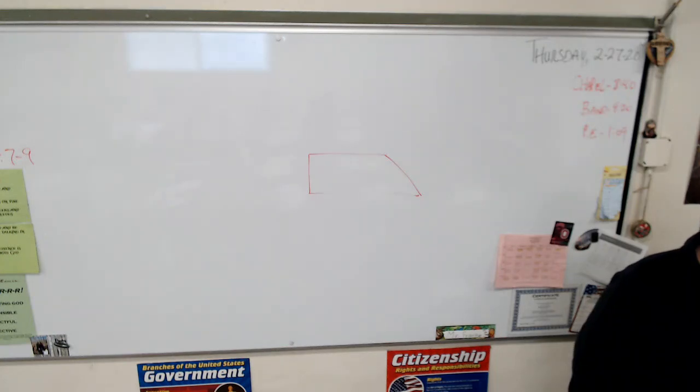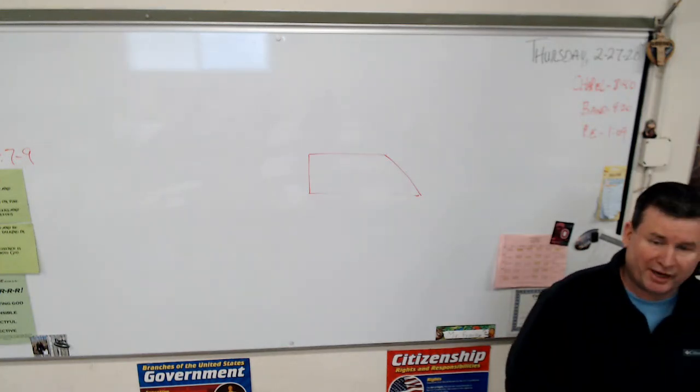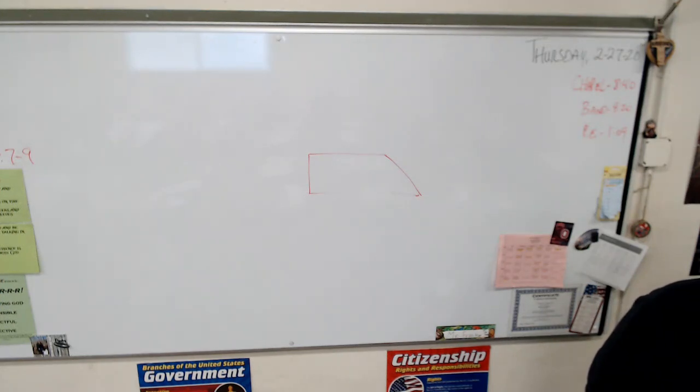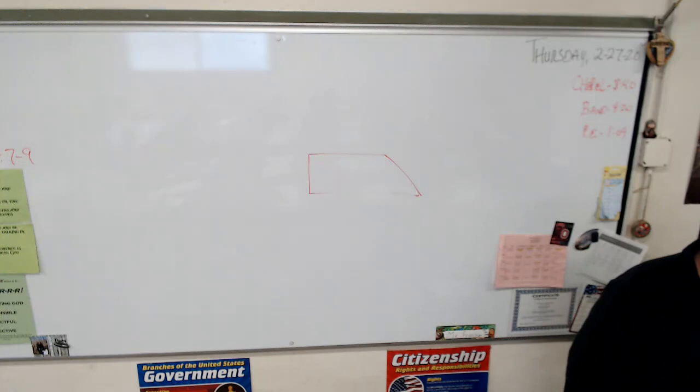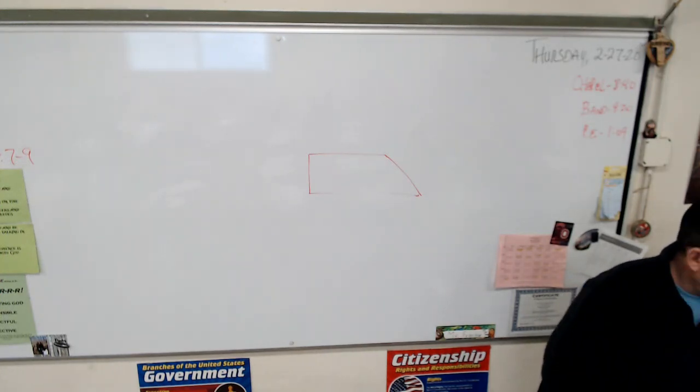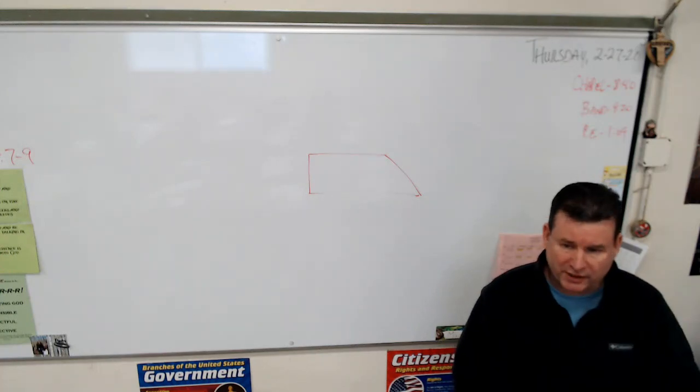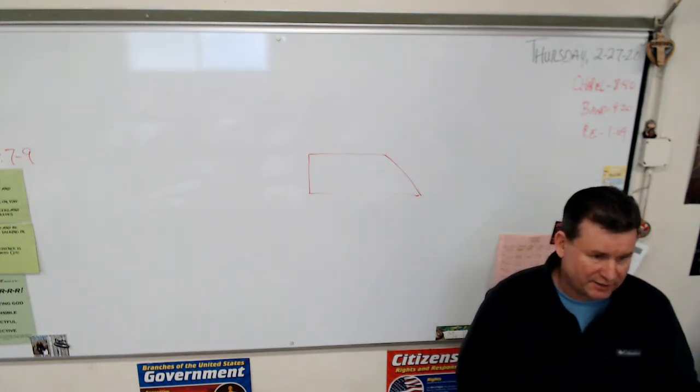That's a rectangle, right? Now, you could say it's a parallelogram too, correct? But most precisely, it's a rectangle. Number 6, Spencer. All right, it's a parallelogram. Most precisely, it's a rhombus.